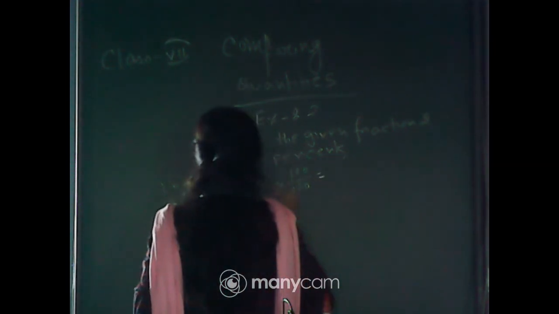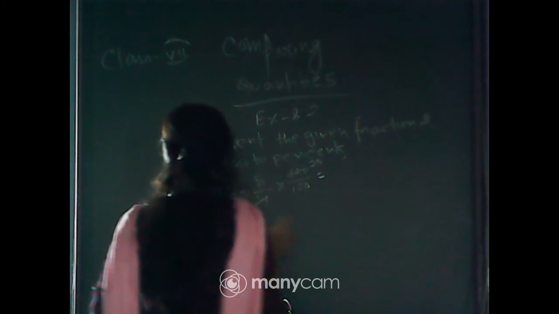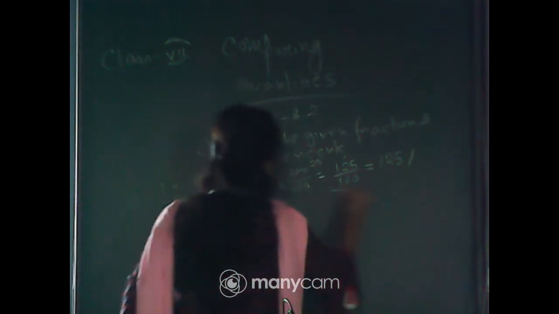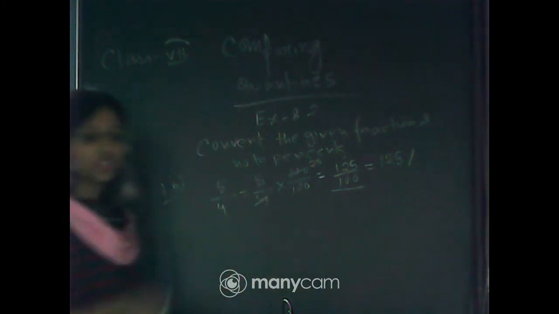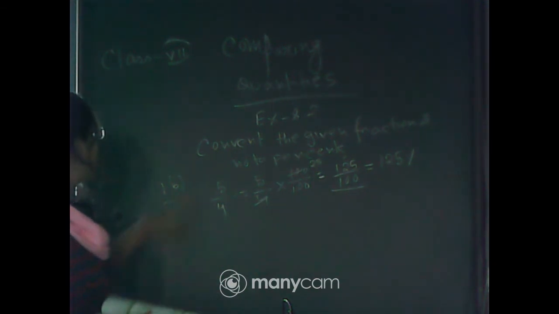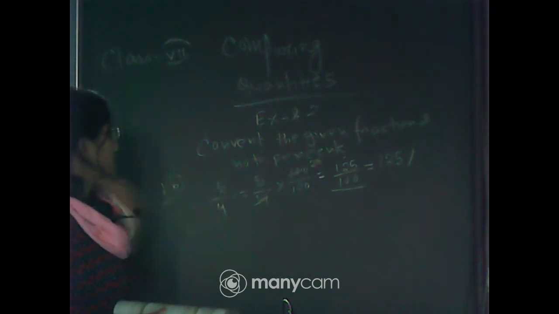This is equal to 125 divided by 100, that is 125 percent. Since the denominator is 100, percentages are numerators of fractions with denominator 100. Therefore, 5 by 4 is equal to 125 percent.